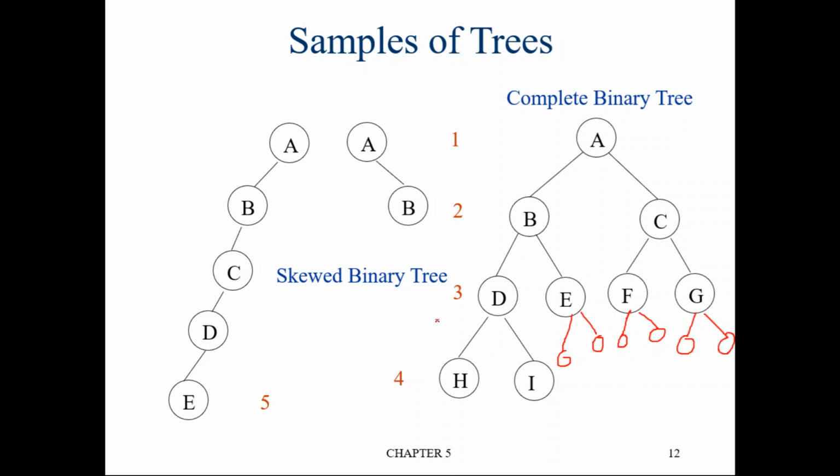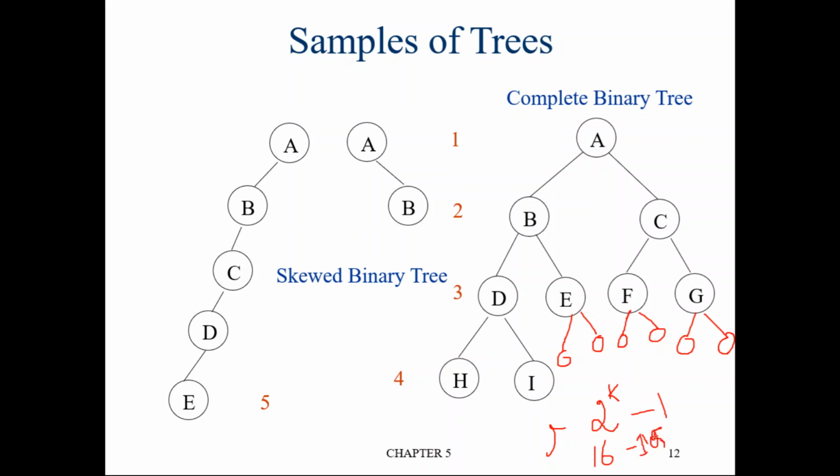So this is level 4, right? With level 4, this is the maximum number of nodes. So what is the formula? If the number of levels is k, then the maximum number of nodes is 2 to the power k minus 1. So what is 2 to the power 4? 2 to the power 4 is 16. 2 twos are 4, 2 fours are 8, 16. 16 minus 1 is 15.